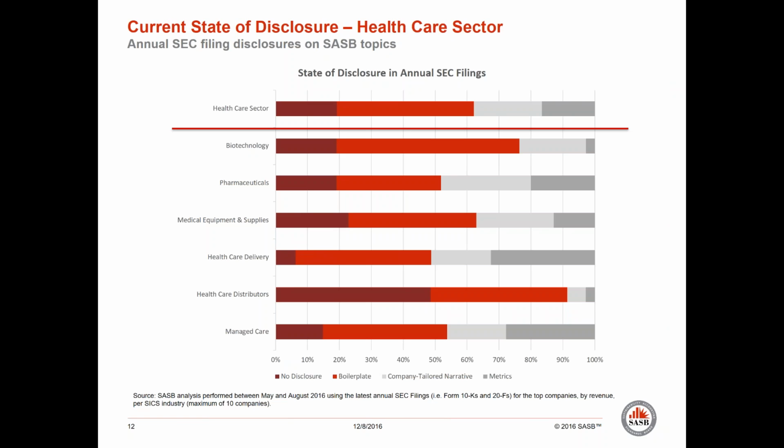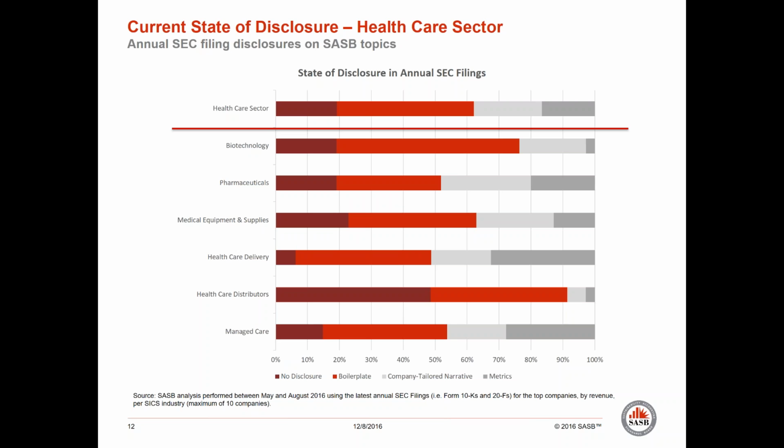Michael alluded to earlier the idea of looking at the current state of disclosure and the fact that most of the topics that we've identified across the different healthcare industries are already disclosed in some manner or another. This graph demonstrates 4 different categories of disclosure in the Form 10K or 20F.